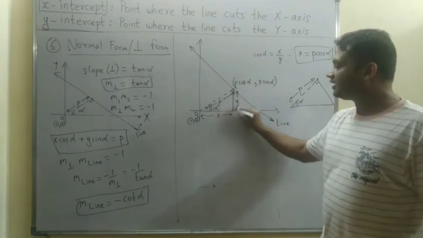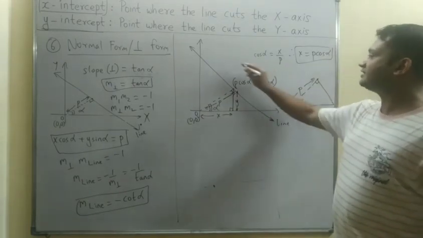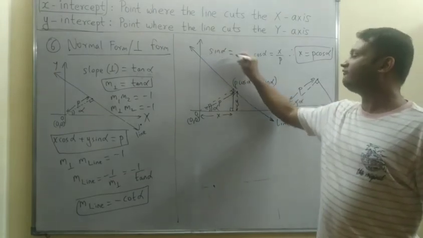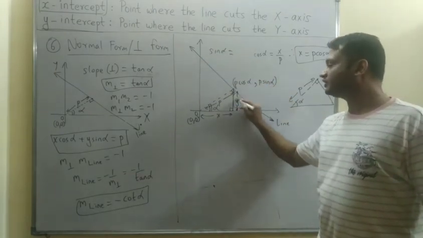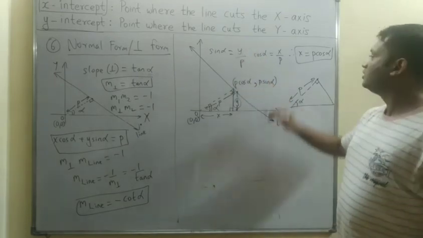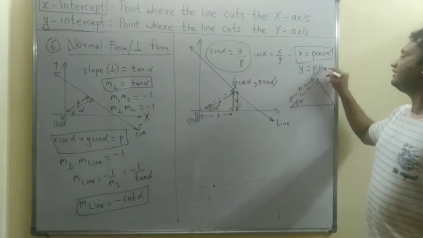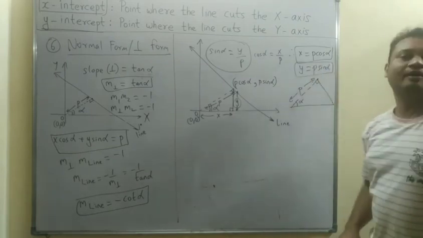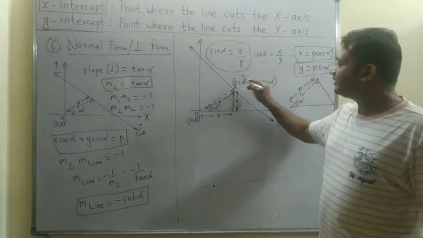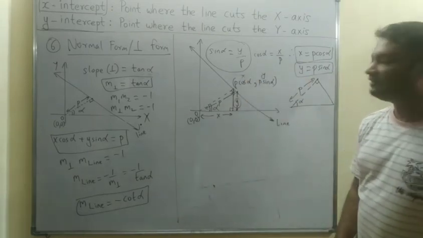Then in this small triangle, if I take sin alpha, it is opposite, which is y, upon hypotenuse, which is p. So y comes out to be p sin alpha. So x I have proved is p cos alpha, and y I have proved is p sin alpha.